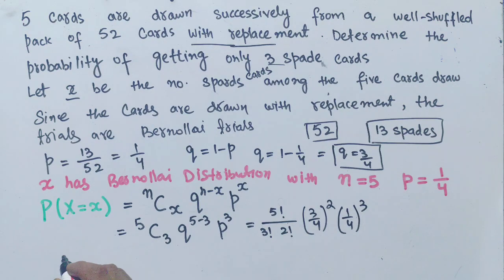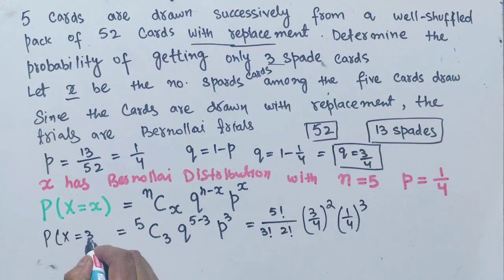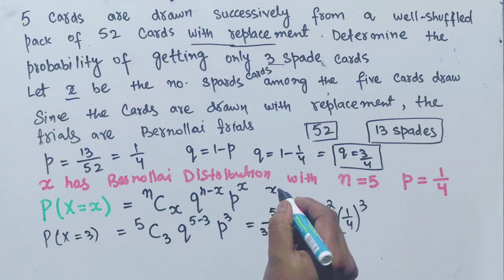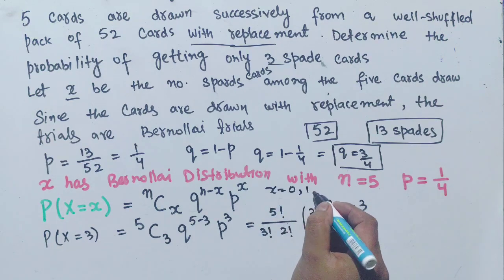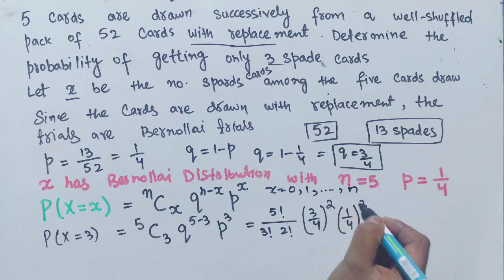Solving further, that means probability of x equal to 3, where x is equal to 0, 1 and so on up to n.